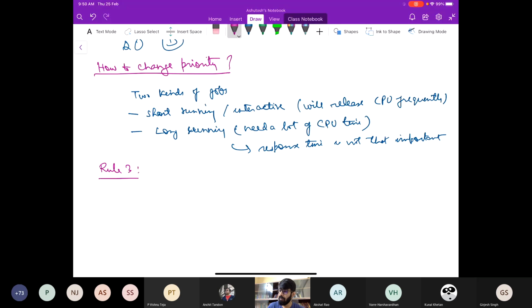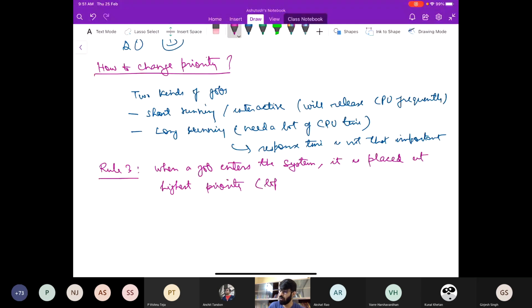Rule 3 says that when a job enters the system, it is placed at highest priority, that is the topmost queue.